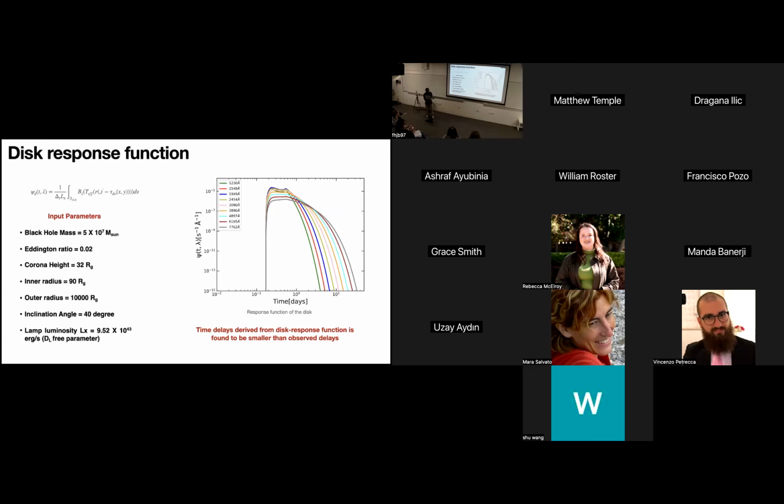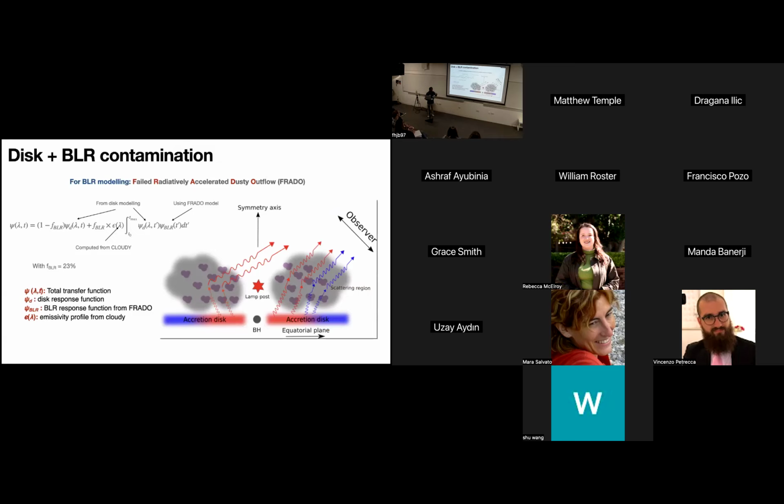Now, to fit the observed time delays, we included the contribution from the outer region, the BLR, because the continuum from the disk travels through the BLR, where it encounters scattering as well as reprocessing, and because of those, an extra time delay is introduced before reaching the observer.